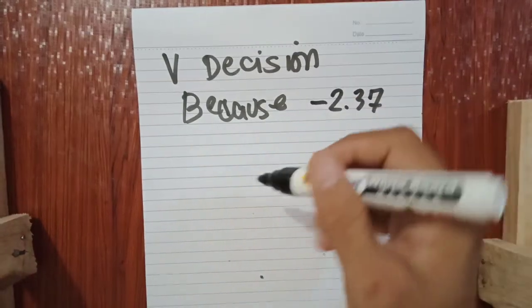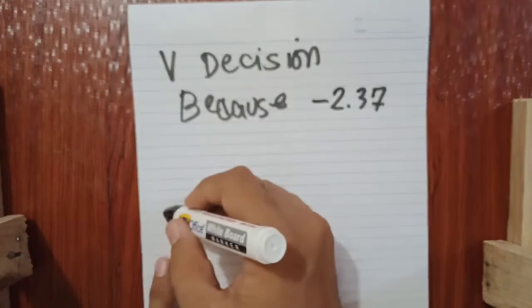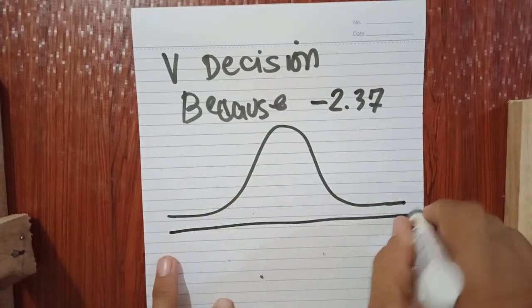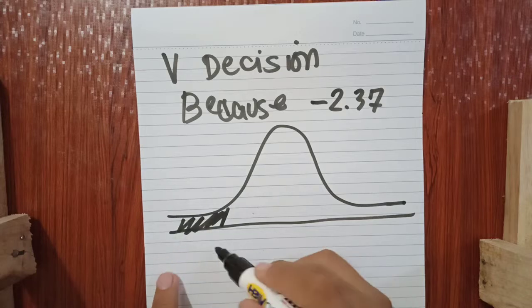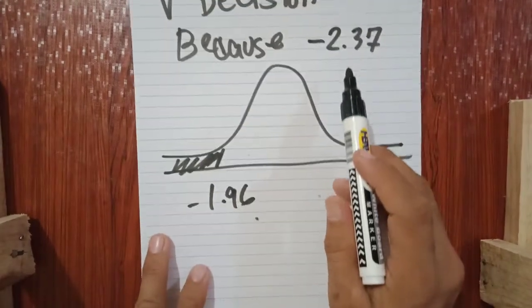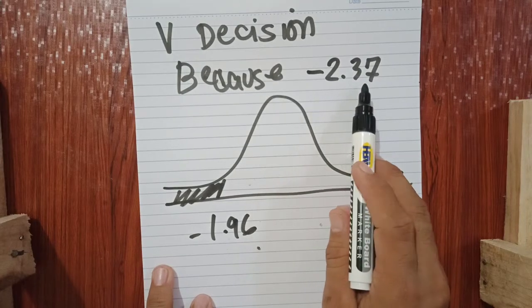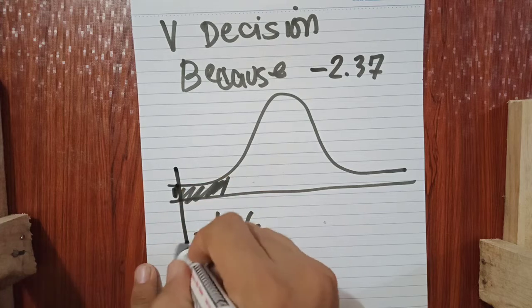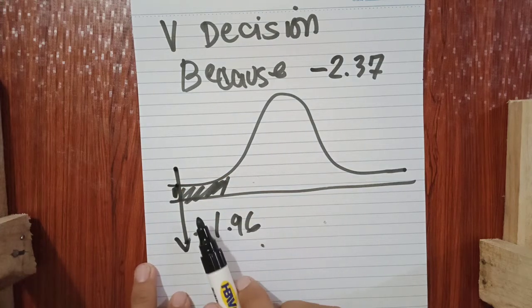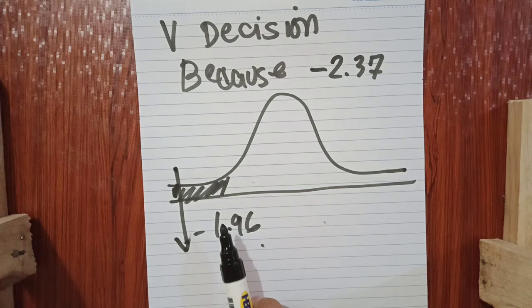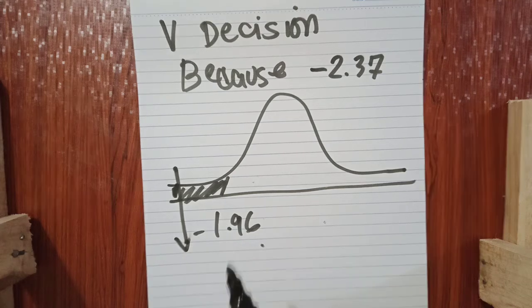Kasi meron din ito sa rejection region kasi dito. Yan, 1.96. Ang negative 1.96, negative 2.37 ay nandito siya sa bahagi dito. Okay? So, nagfo-fall siya doon sa rejection region. Okay?